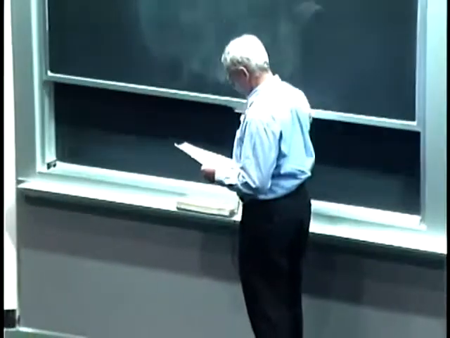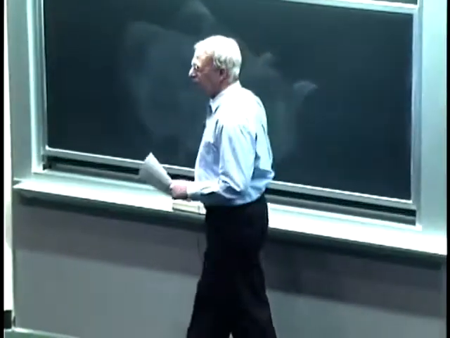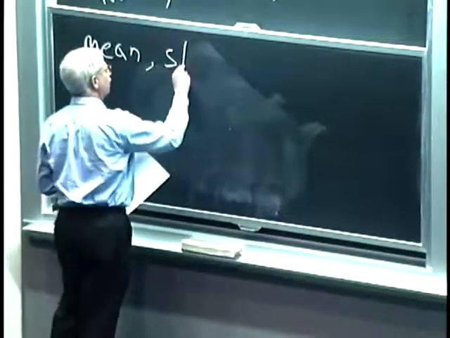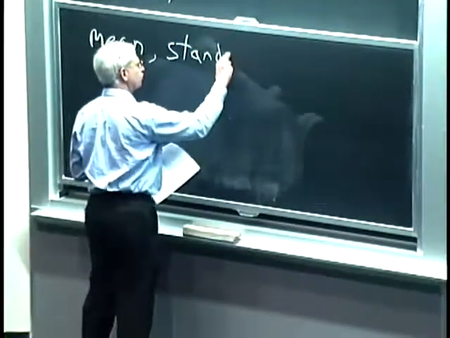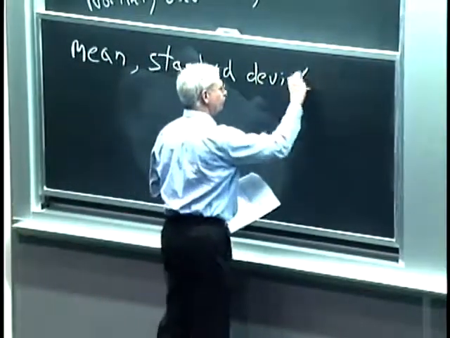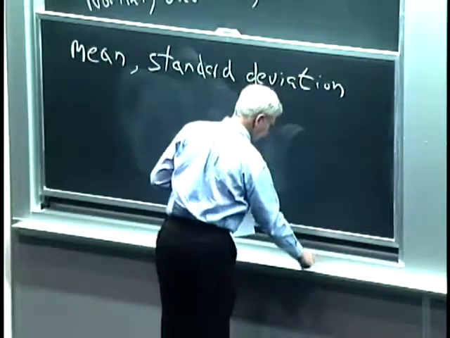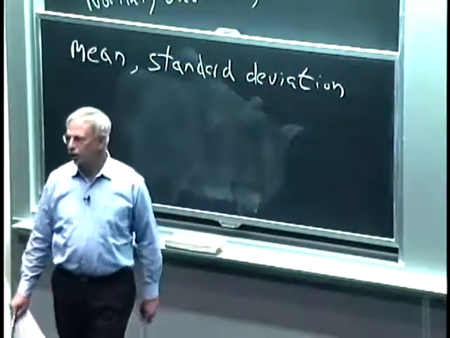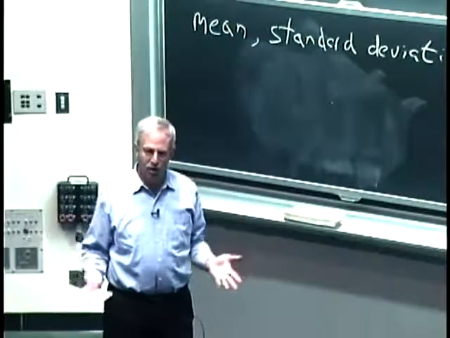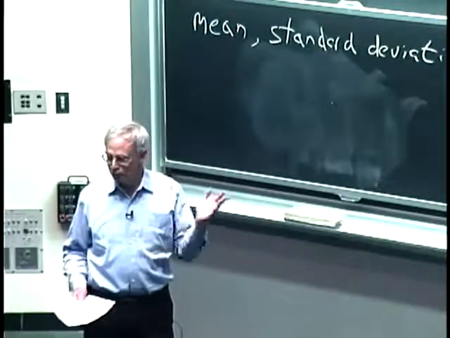The normal distribution can be described, interestingly enough, with just 2 numbers, the mean and the standard deviation. So if I give you those 2 numbers, you can draw that curve. Now, you couldn't label the axes, because how would you know how many trials I did, whether I did 100 or 1,000 or 1,000,000.